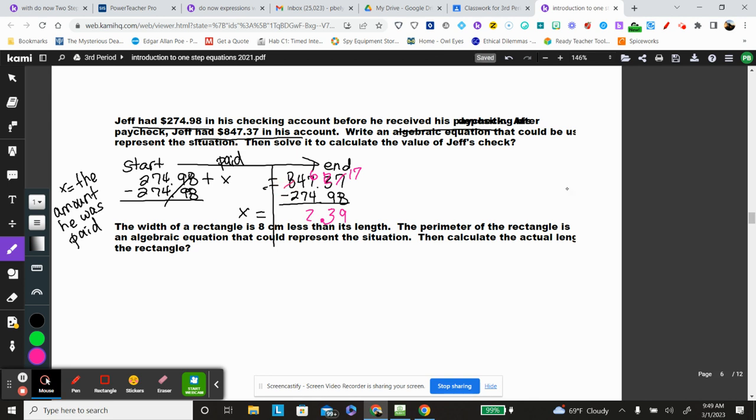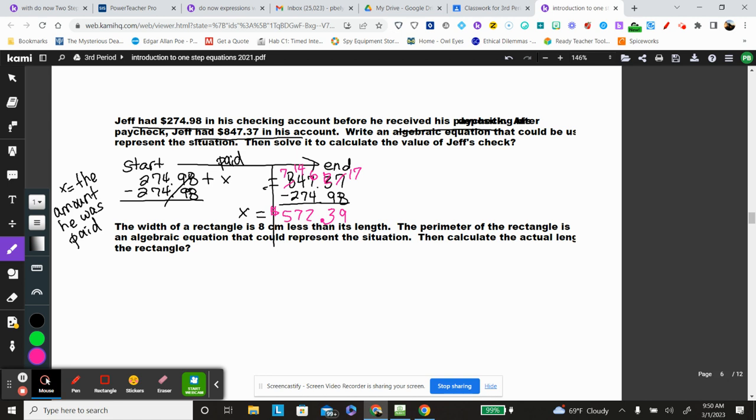So this becomes a 7, and that becomes a 14. Put the minus sign. So how much did Jeff get? Jeff actually got a check of $572.39. Jeff didn't do too bad. Do you get it? Yes, ma'am.